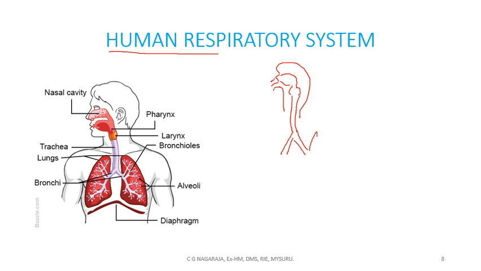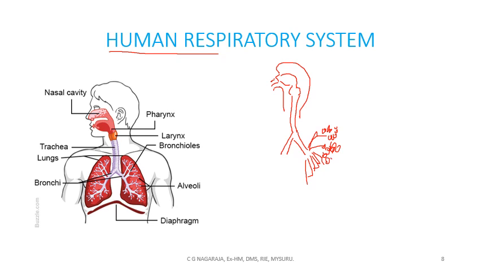Each bronchi divides into many branches, and these branches are called the bronchioles. Each bronchiole may contain hundreds and thousands of small structures called the alveoli, which are very small, microscopic in nature, so I cannot write all of them.